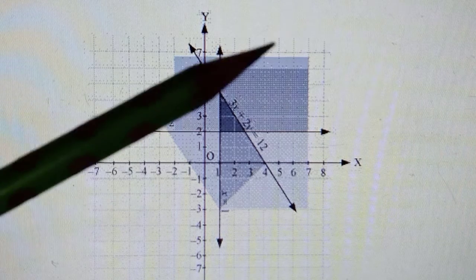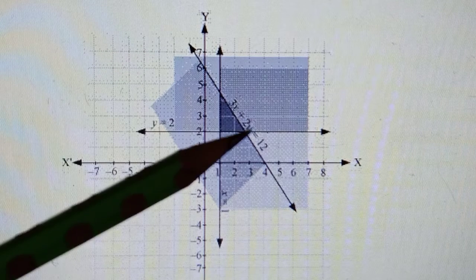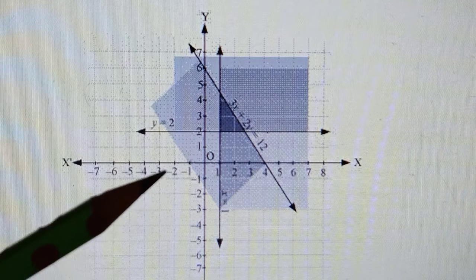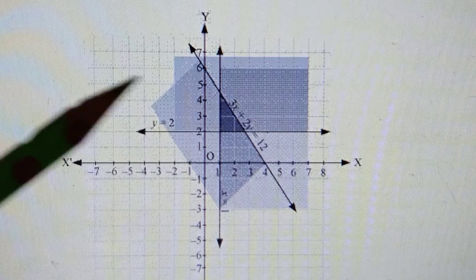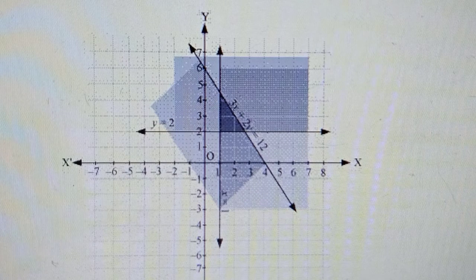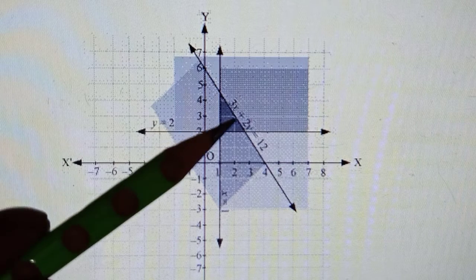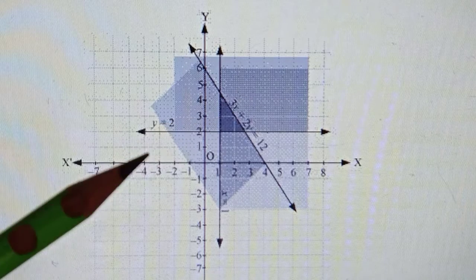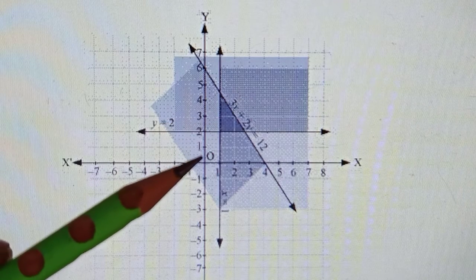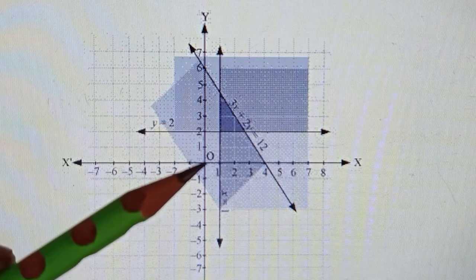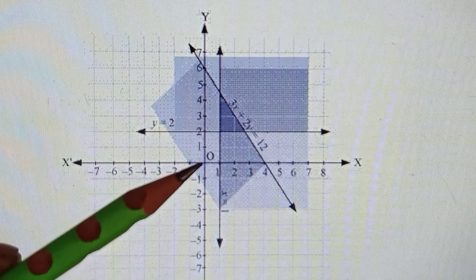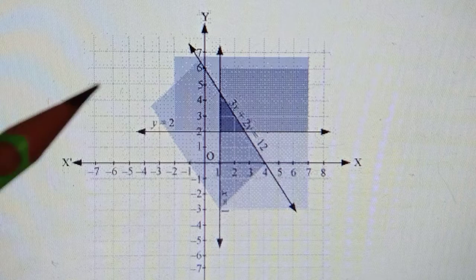To decide which region, this line has divided the plane into two portions, one above the line and one below the line, or we can say left side and right side, as you want to denote that. Now which portion is its solution, this portion or the other half? For that we take any point lying on any one part, and the most convenient point here is the origin, (0, 0), since calculations are shortest. So we will check that out.